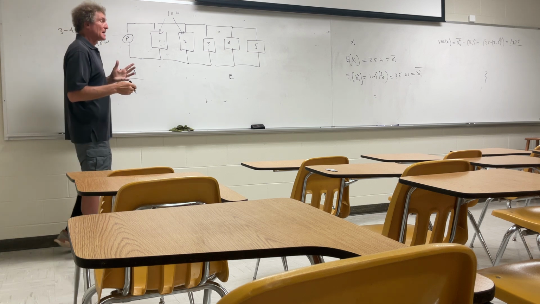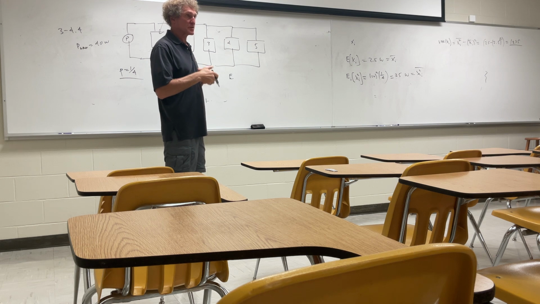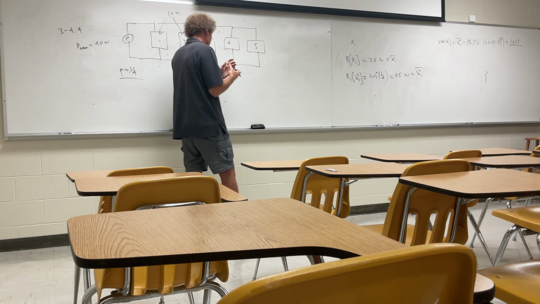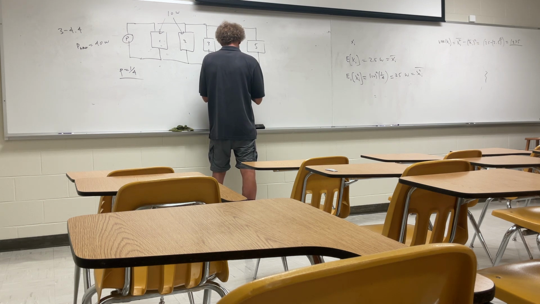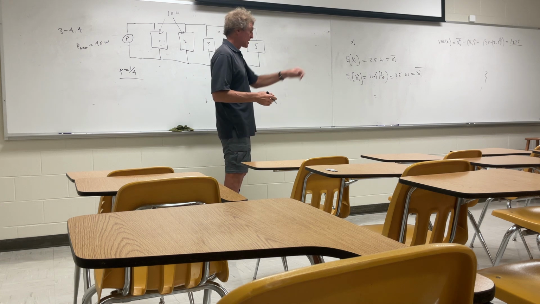So what is the expected value of the power supplied to those 5 loads? And your gut is right on this one. The expected value of the power supplied, I'll call it expected value of the power, and I'm just going to call that P bar. This is supplied to all of them.